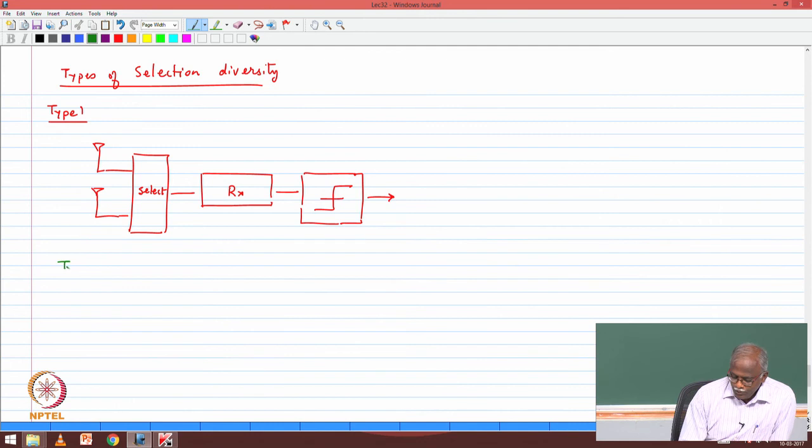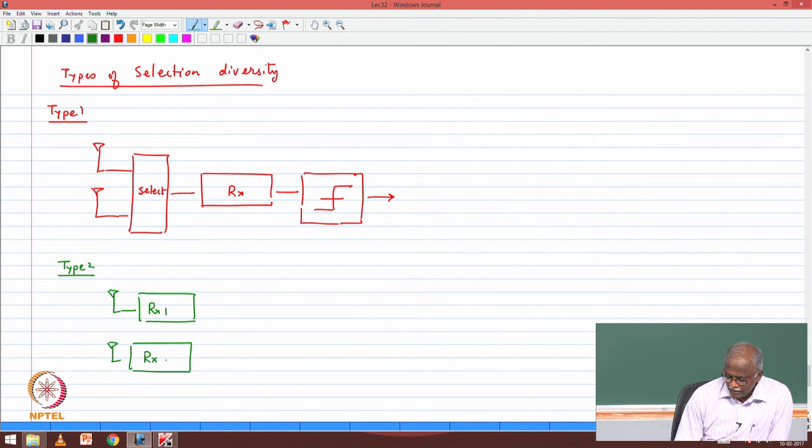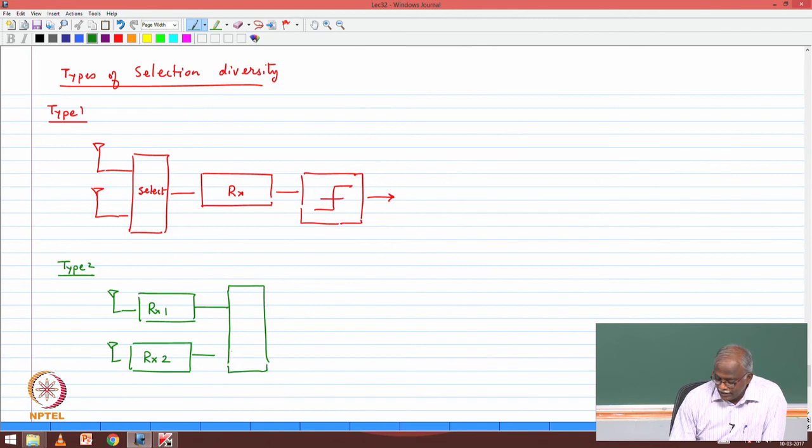There is a type 2 where I take antenna 1, antenna 2, I pass this through Rx1, pass this through Rx2. That is, I'm not yet trying to decide which of them is the better signal. But having demodulated the signals, then I decide, okay, select which one you want to do.